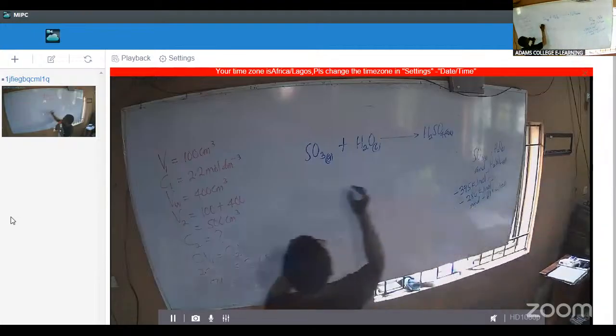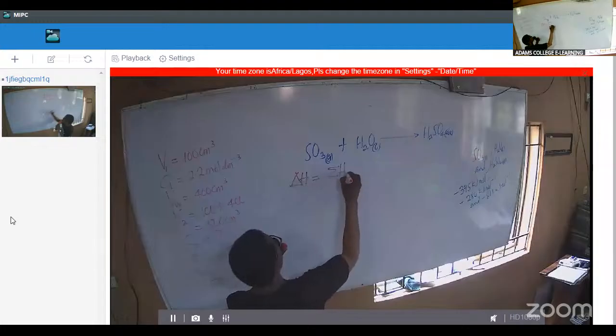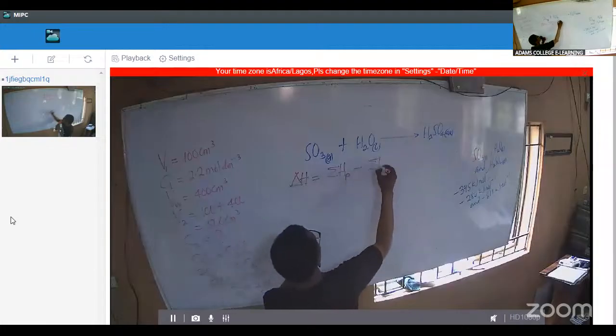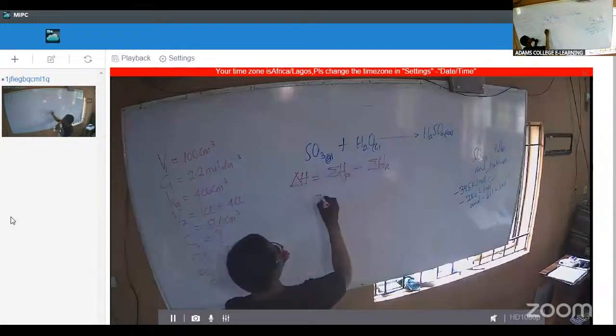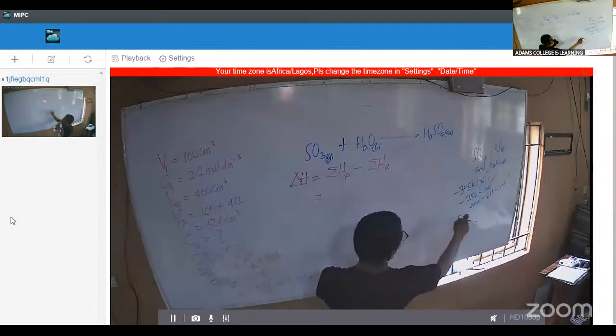Delta H is what? Summation of heat of the products minus the heat of the reactants. Now only H2SO4 is for products. And the value is what?